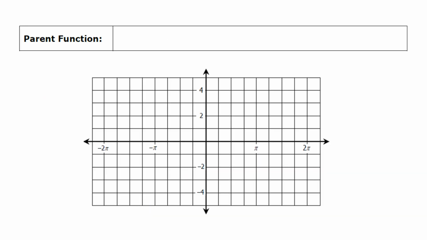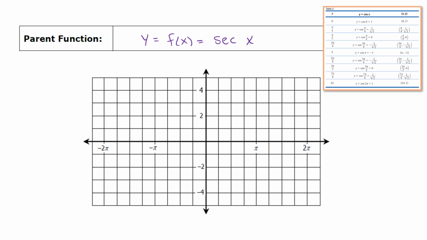All right, now let's do secant. Secant is the reciprocal of cosine, which I just wrote, but I meant to write secant. So we can use the values of cosine to help us graph our secant graph.